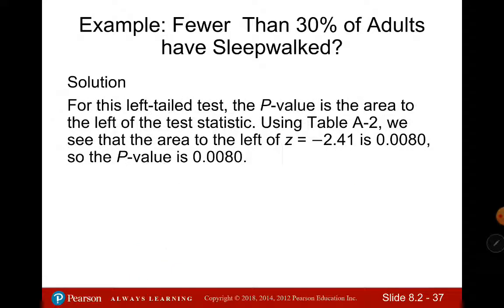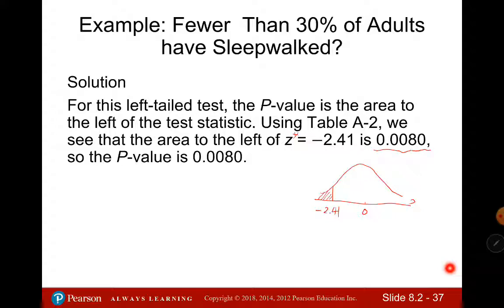So I will get this as our test statistic, negative 2.41. If you use this test statistic to check your negative z table, you will get this value. Of course, a negative value is to the left of the middle, right? So you already get the left-tail p-value.